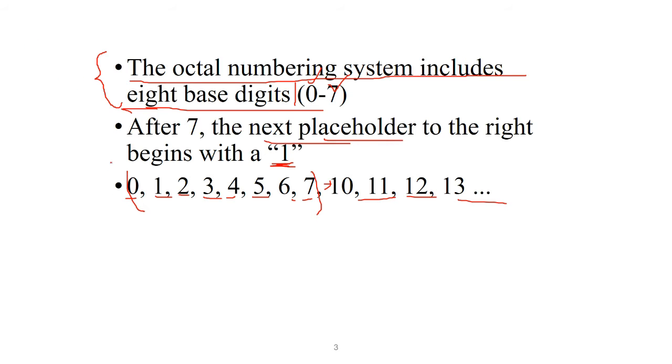That means we started off with 0, and after 7 we are again trying to repeat the 0, but the next placeholder to the right starts with a 1, and on the left side we are writing down a 1, 12.